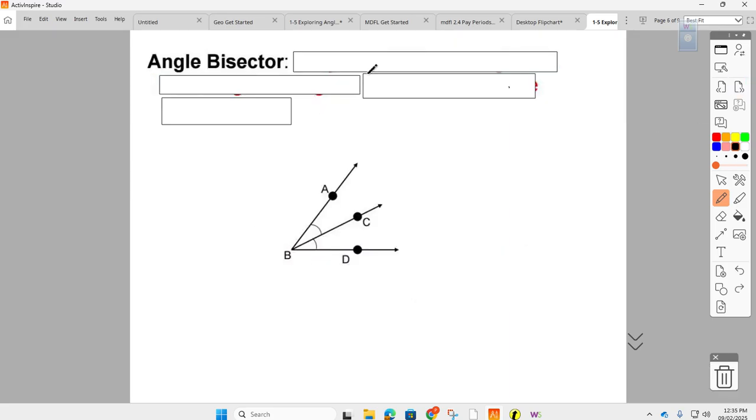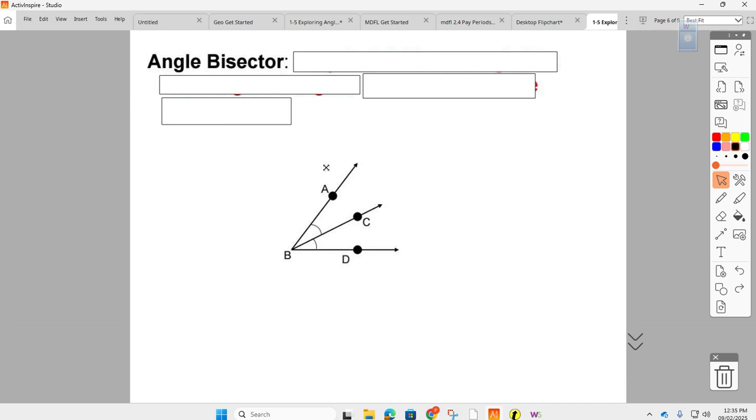Bisector, an angle bisector. So we learned about a segment bisector. What do you know about a segment bisector? Okay, well, let's look at the word bisector. What does the prefix bi mean?